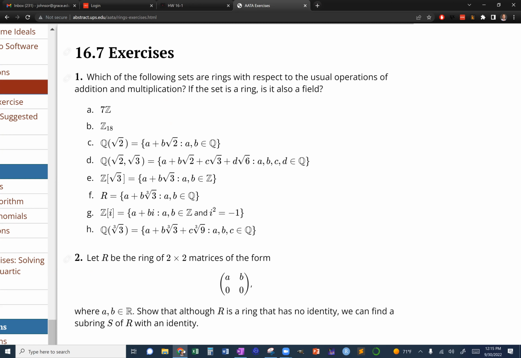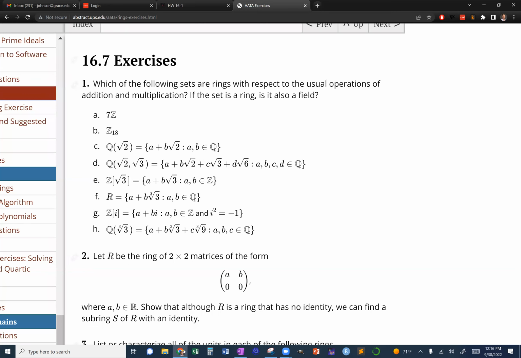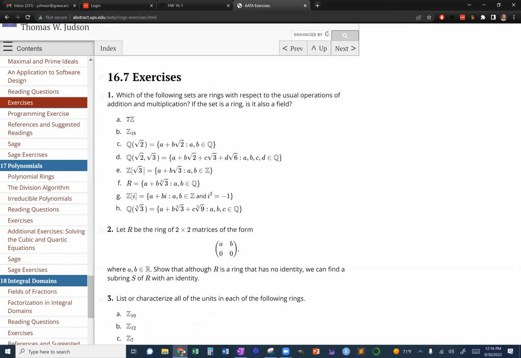All these sets are in what we think of as the numbers, but they're subsets. So is it possible to multiply two things and get outside the subset? That's going to be your main question. And then 17 and 27.